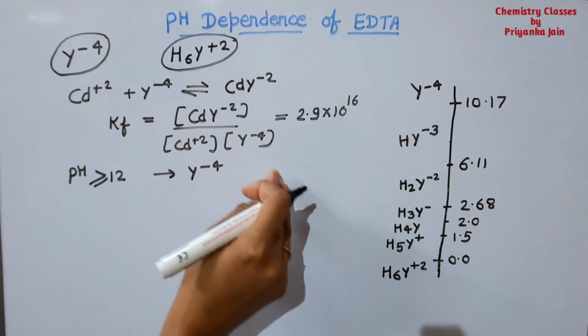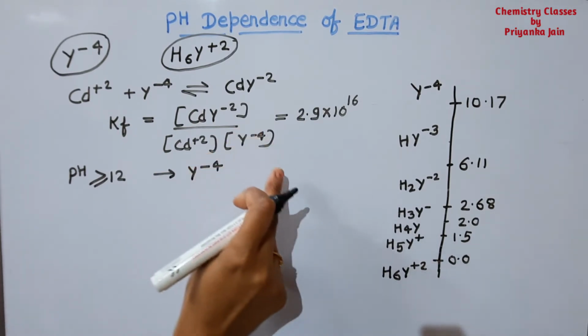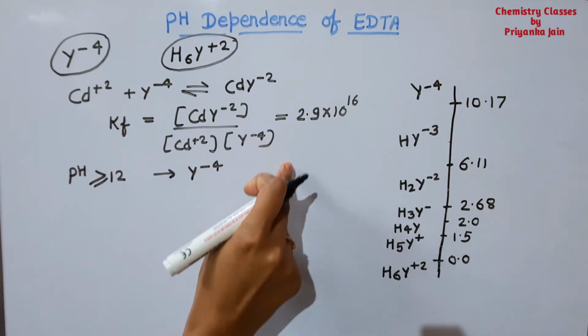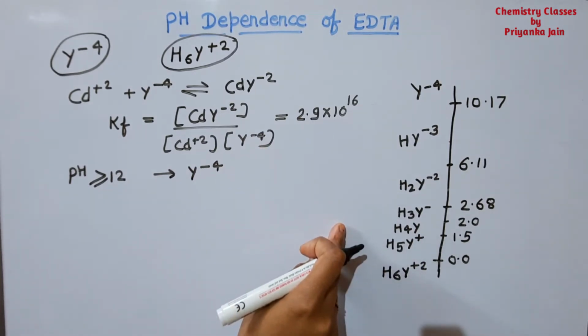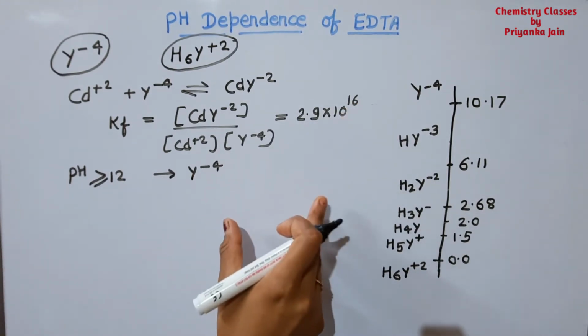So we cannot take the formation constant. Why? Because we are carrying out the titration for different metal ions, and different metal ions will give the results at different pH, right? So we have to take a particular pH for a particular form of the EDTA.